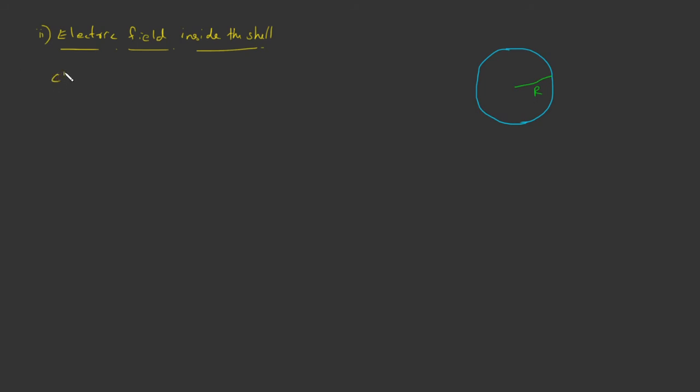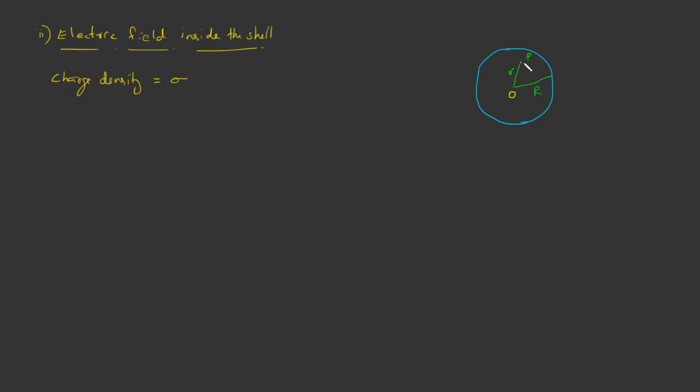So, the charge density of this thin spherical shell is sigma. Here we need to find the electric field at a point P inside the shell at a distance r from the center of the shell. So we mark the center of the shell as O.